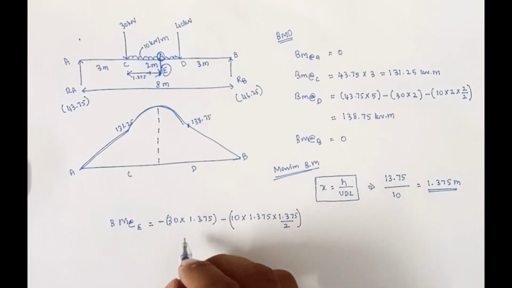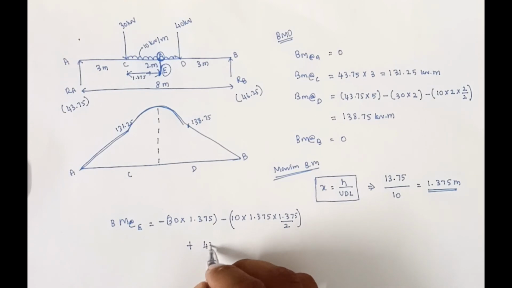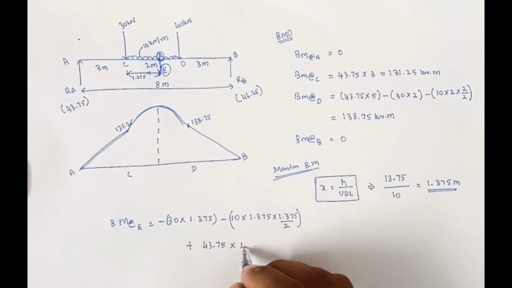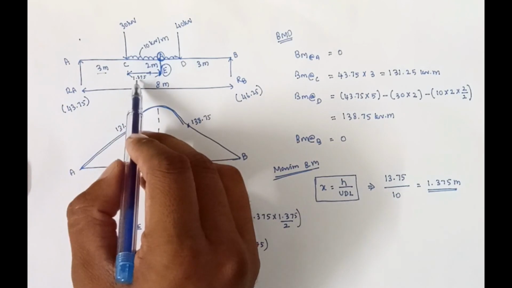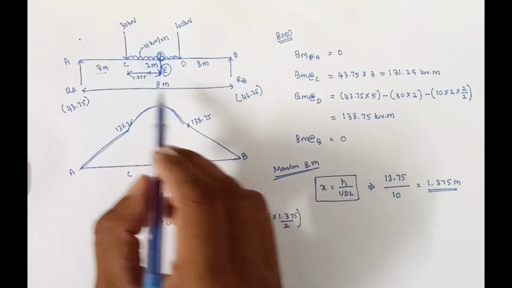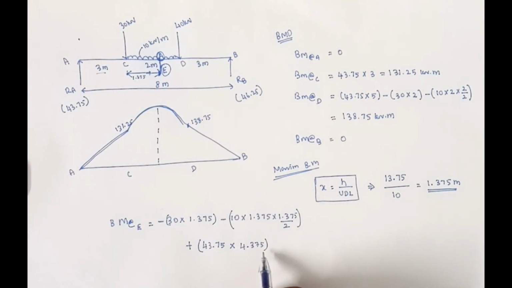Again we have another load, positive, 43.75 into 4.375, because this is 3 meter plus 1.375, total is 4.375.